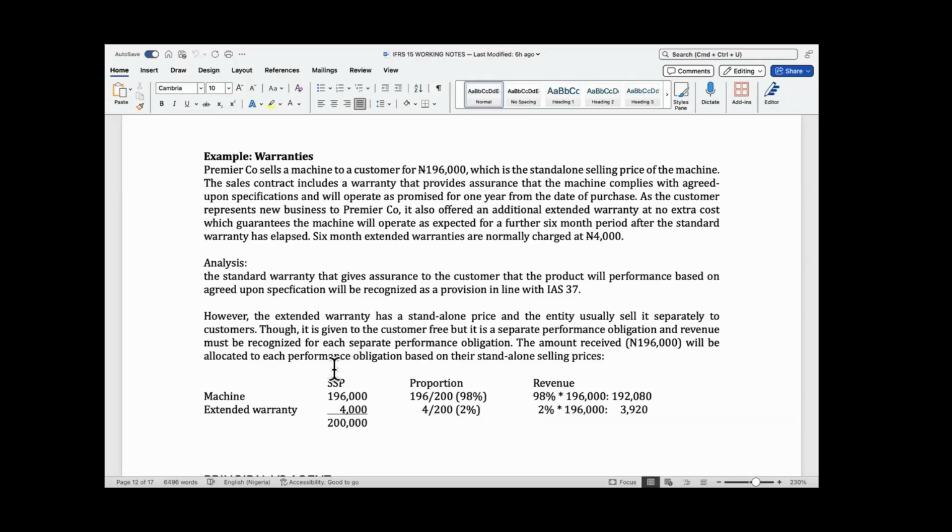And we did our allocation here, where we shared the 196,000 using the ratio of their standalone selling prices.